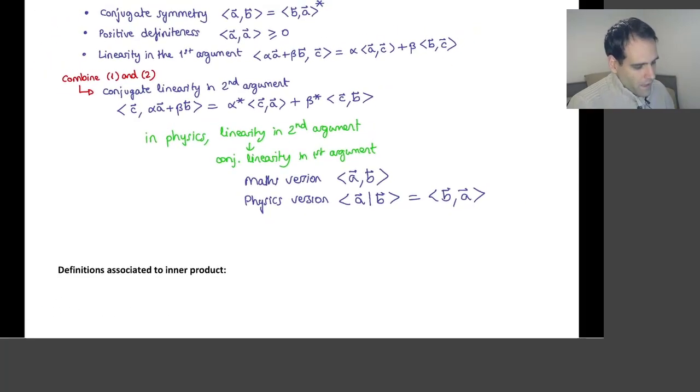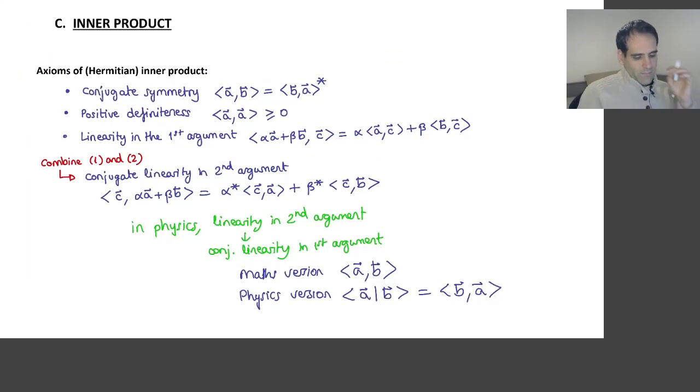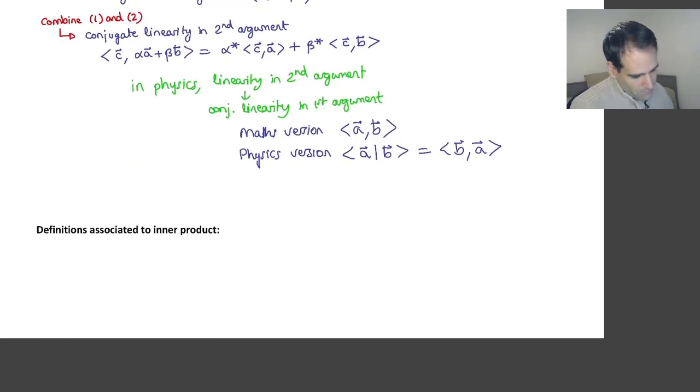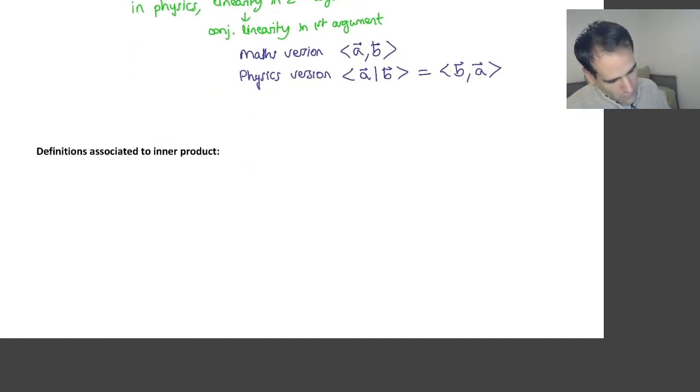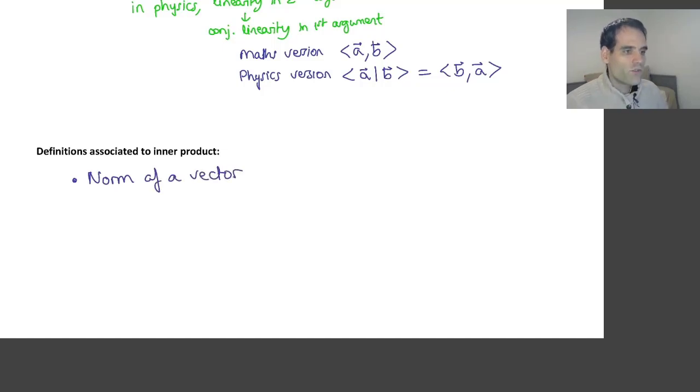Okay. Now, thanks to having an inner product defined, this allows us to define different properties about vectors. For example, so this is what I call definitions associated to the inner product. For example, the norm of a vector in general can be given using the inner product.